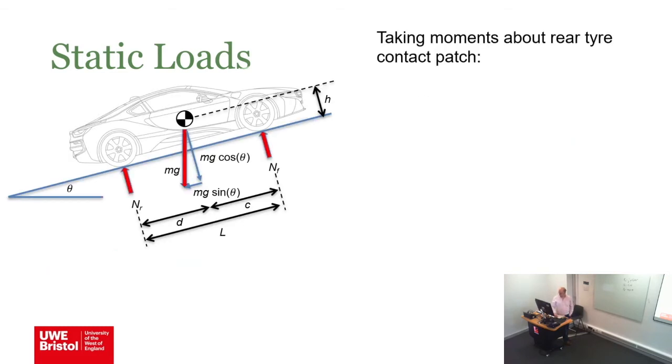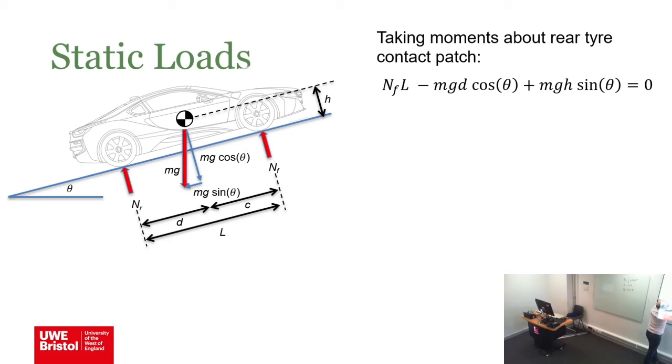So if we do some sums, taking moments about the rear tyre contact patch. Clearly we're saying positive is in the clockwise direction. We've got a load being transmitted by the centre of gravity, being resisted by a load at the front tyre. We've got this load, mg cosine theta.